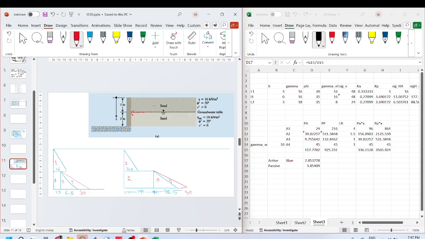So the pressure will be a bit higher. What you can think about is that active pressure has a shorter base, passive pressure has a larger base. So based on the mass distribution of the triangles, active pressure will be lower than passive pressure, isn't it?